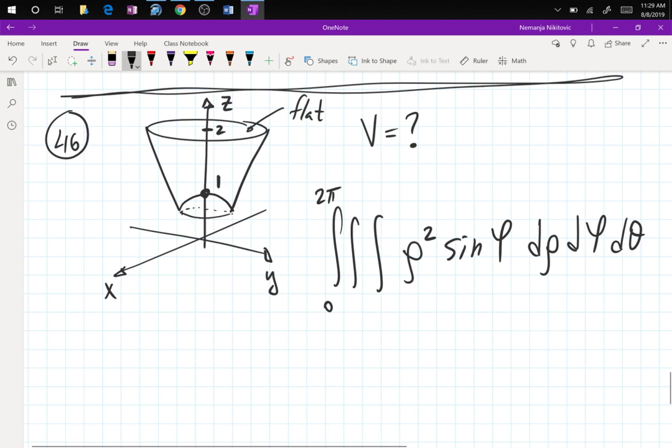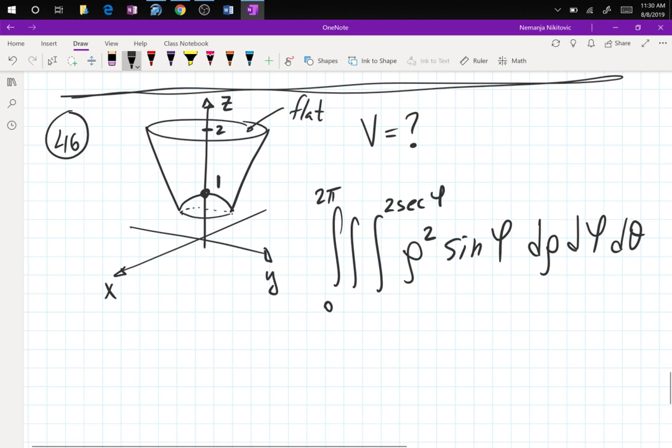The next one to look at, the easy one to look at, is rho. I have a flat piece on top. Now we know that the flat horizontal plane on top is going to be a secant phi. It is at 2, so 2 secant phi is the top.